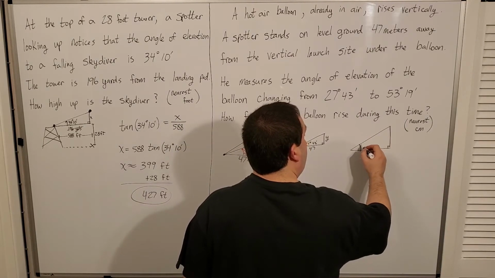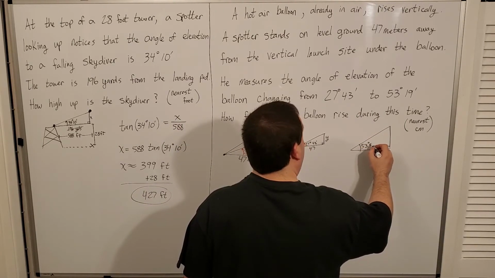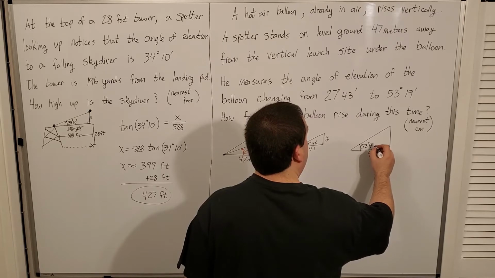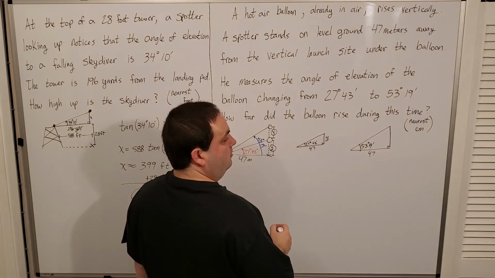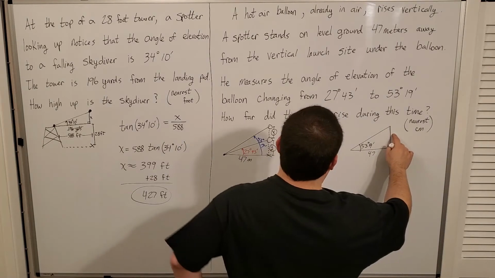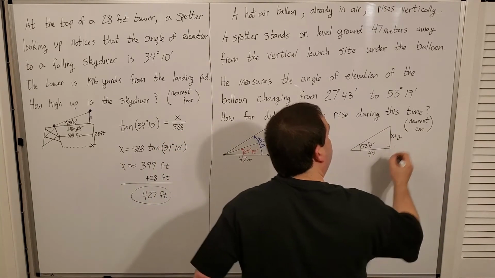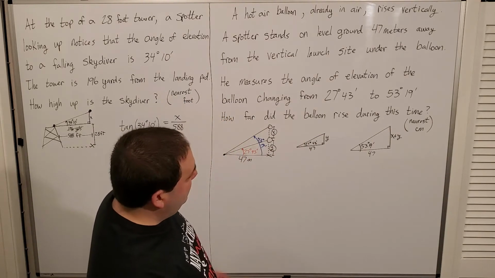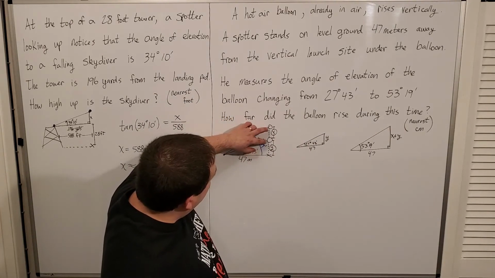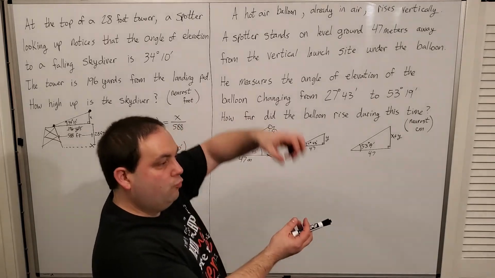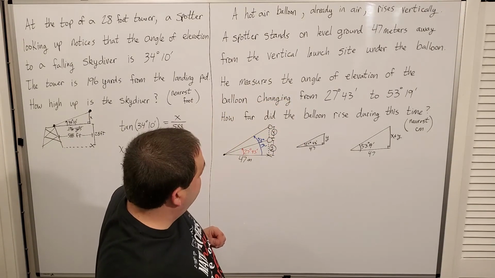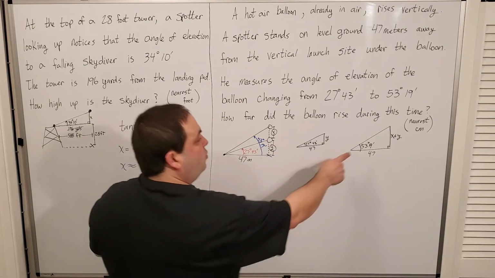It's measuring the angle 53 degrees 19 minutes. But then this side over here is both of these put together, so this is x plus y. What I need to do is find x, since it wants to know how much the balloon rose in that small amount of time. Well, I just want x.